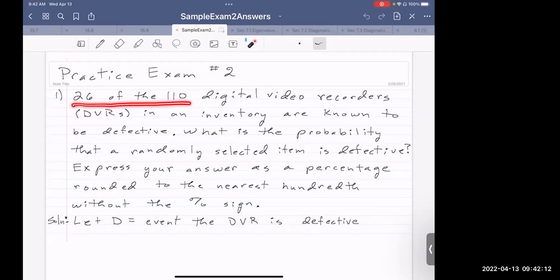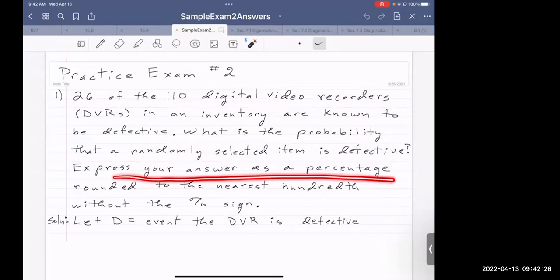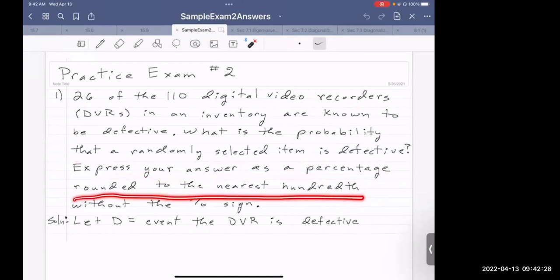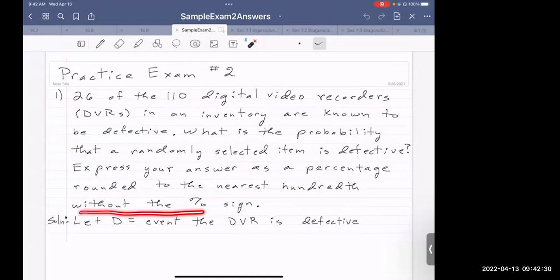26 of 110 digital video recorders, DVRs, in the inventory are known to be defective. What is the probability that a randomly selected item is defective? Express your answer as a percentage rounded to the nearest hundredth without the percent sign.